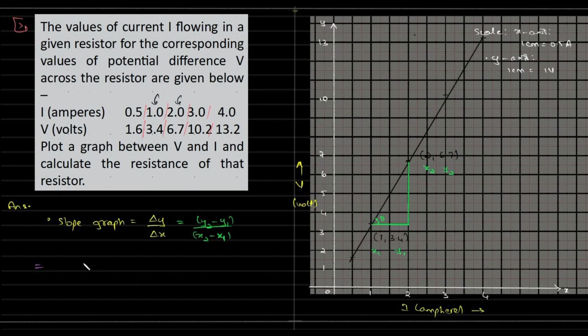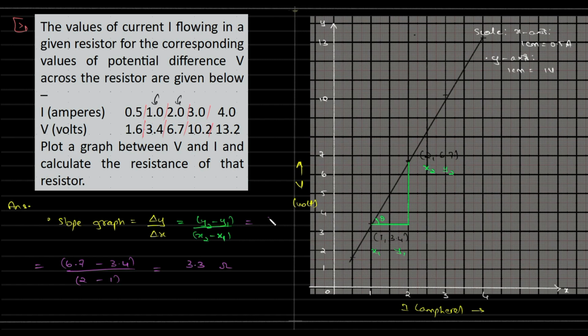So this will be equal to 6.7 minus 3.4 divided by 2 minus 1. So this is 3.3 by 1, so many ohms. So this is your resistance of the given wire.